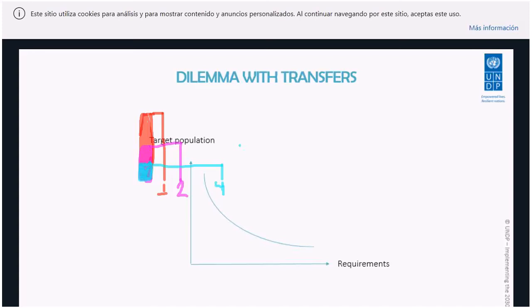So from the perspective of the government, what is important to bear in mind, in the perspective of the consultant, of the individual who is implementing the microsimulation, is that for starters, you have to understand this relationship.